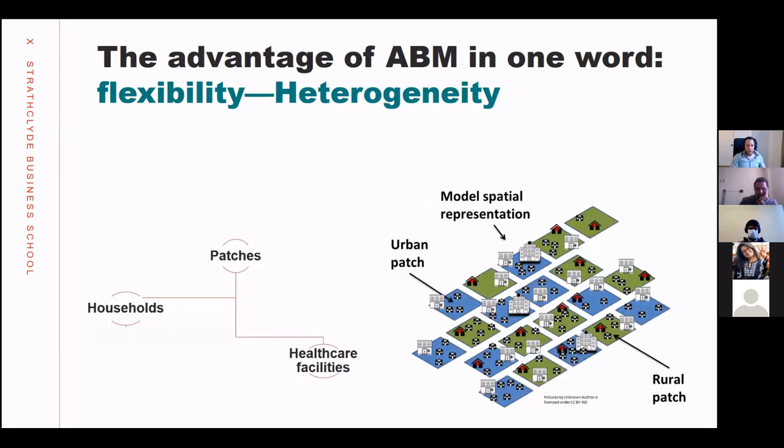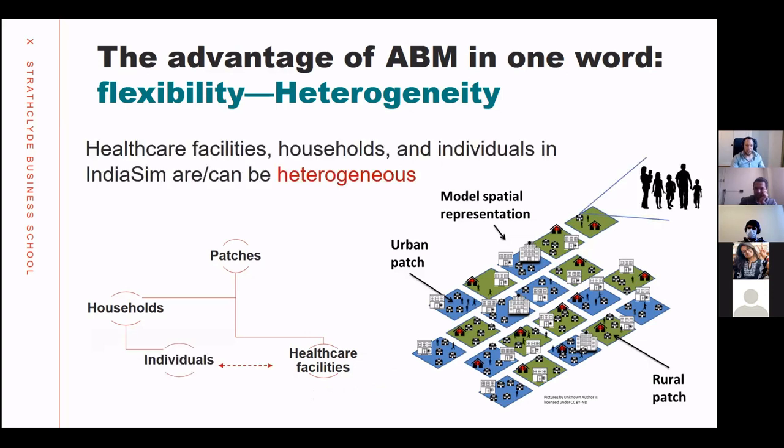So in IndiaSim, we described these different patches that have households and healthcare facilities, and these already have that heterogeneity. So our environment is quite heterogeneous as well. These households have different characteristics, these healthcare facilities have different characteristics, and different areas have different characteristics.